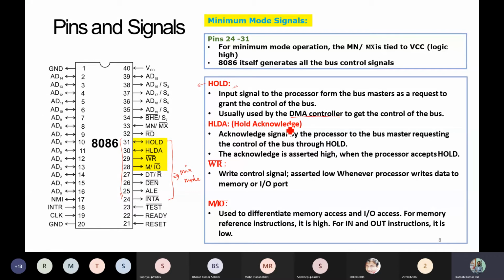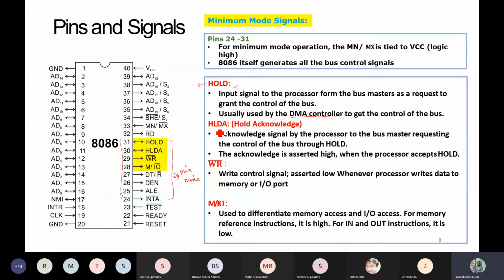HLDA is hold acknowledgement. Hold acknowledgement means the acknowledgement signal by the processor to the bus master requesting the control of the bus through hold. Once a hold request is given to the microprocessor, in response the microprocessor will acknowledge the external device by the hold acknowledgement pin number 30.